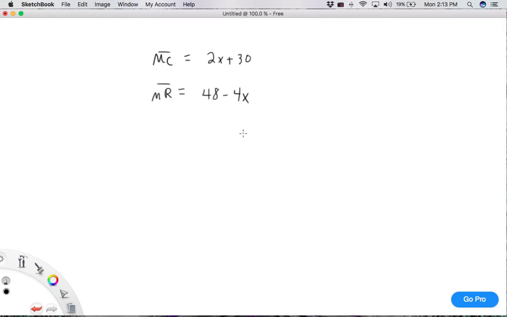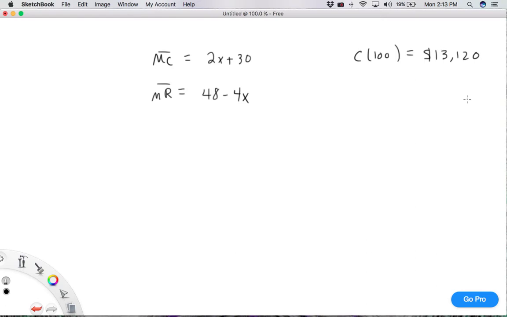And the cost of production of 100 units, in other words, the cost to produce 100 units, is $13,120. Find the optimal level of production.